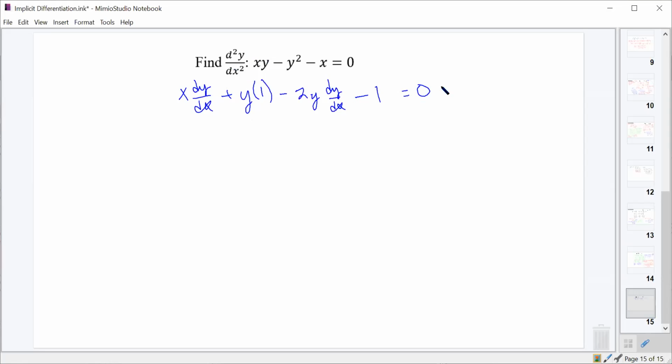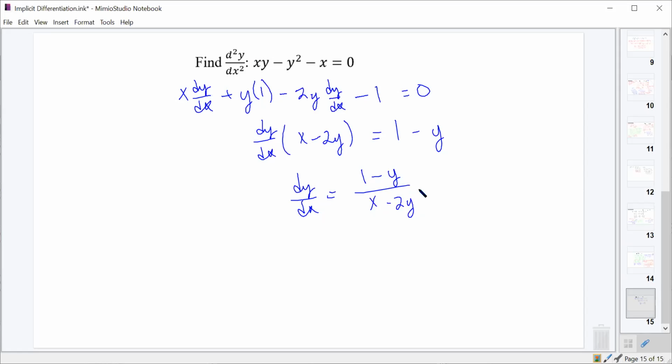And we'll bring the negative 1 over here as a positive 1, and the y over as a minus y. And then we can factor out the dy dx from the x minus 2y and get our first derivative. Everybody good with the first derivative?